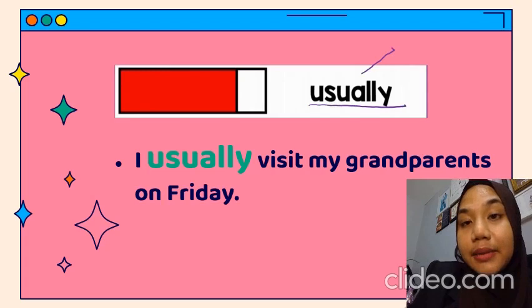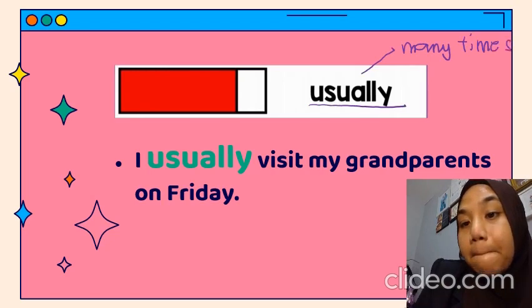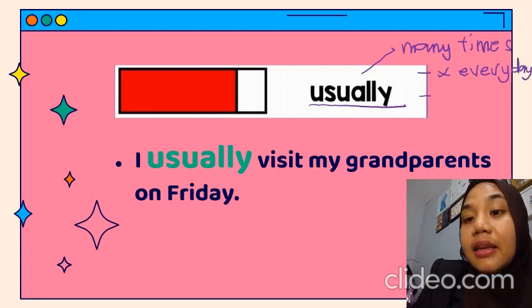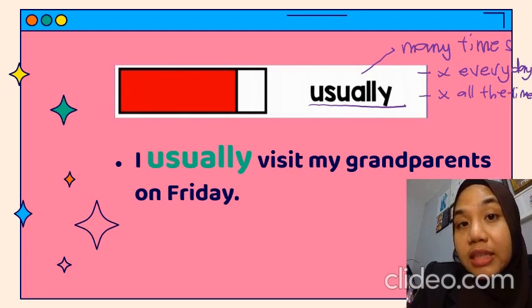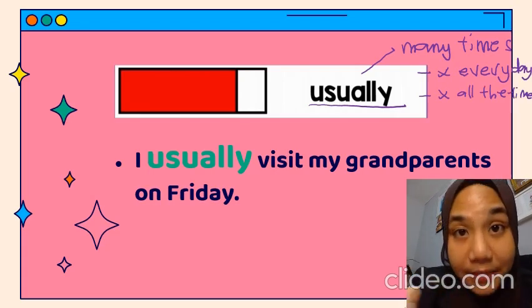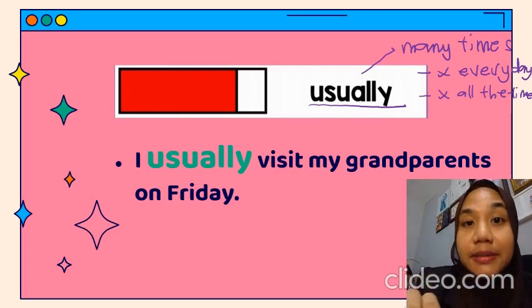Next is usually. Usually describes the action that happens many times, but not every day and not all the time. You got me? Usually describes the action that happens many times, but not every day and not all the time.